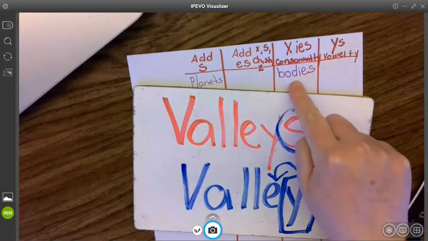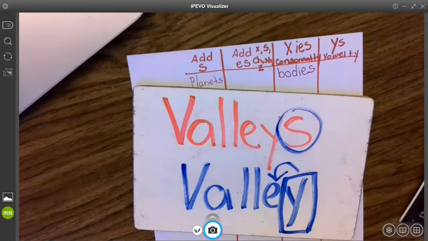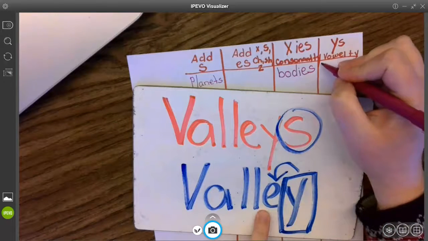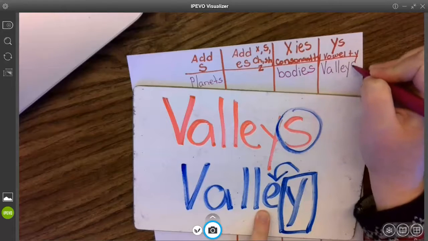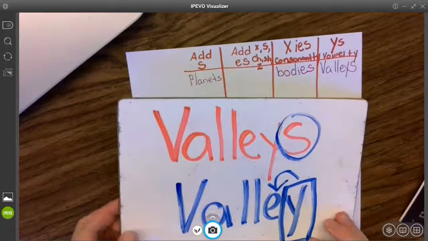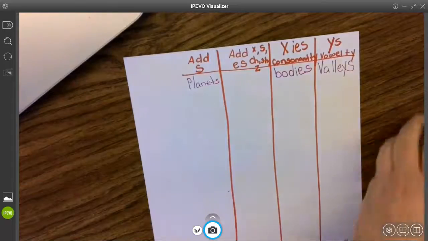Now, when we looked at bodies, it had a consonant and then the Y. That's why they dropped the Y and added IES. But because this is a vowel and then the Y, you're just going to add an S. Like so. All right, let's keep going.